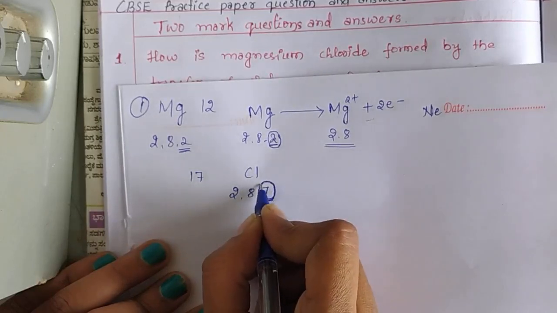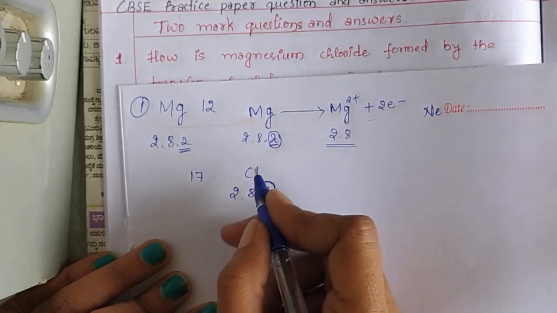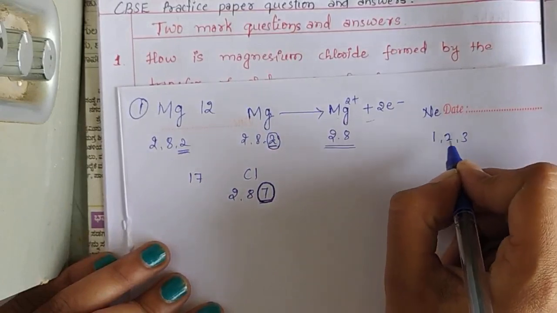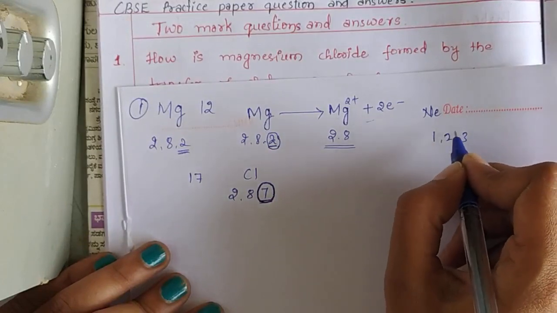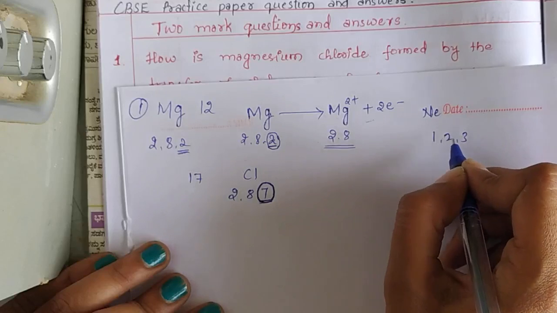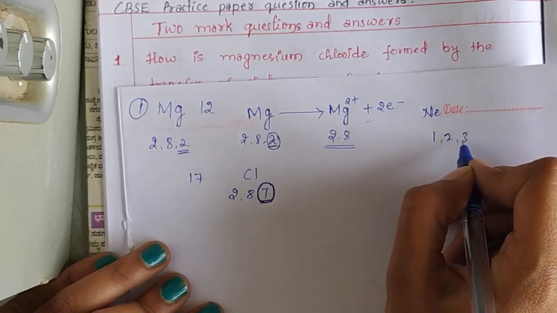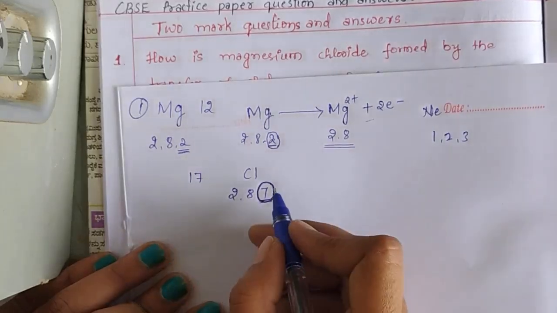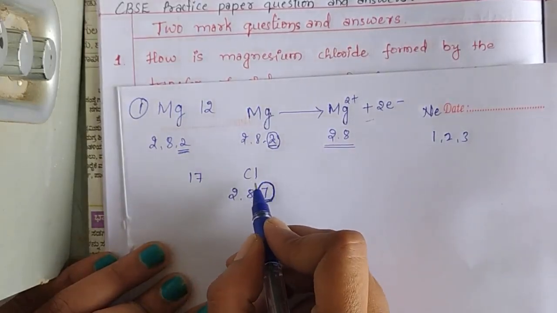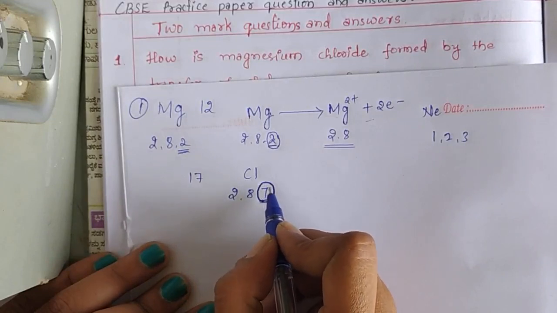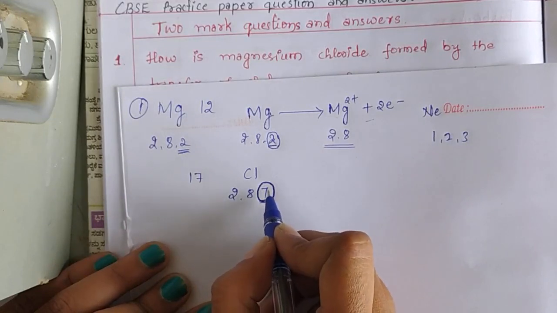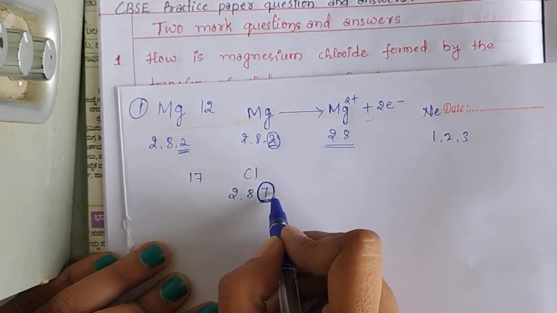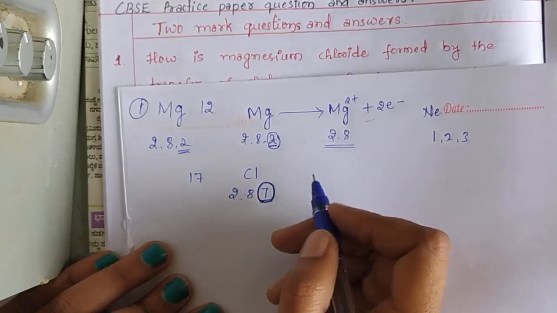Children, any atom can lose 1, 2 or 3 electrons easily. More than 3, it is somewhat difficult to lose the electrons. Chlorine has 7 electrons in its outermost shell, so it cannot lose these electrons, but it can gain an electron easily.